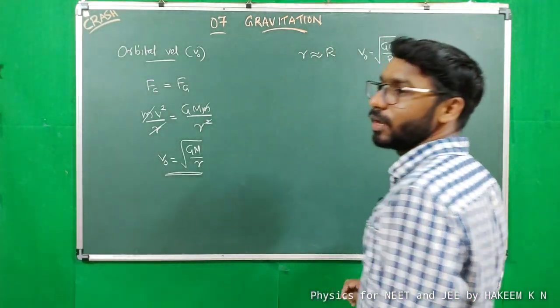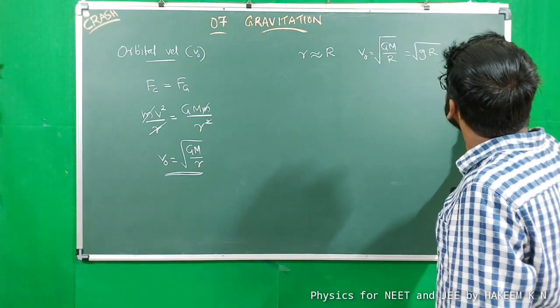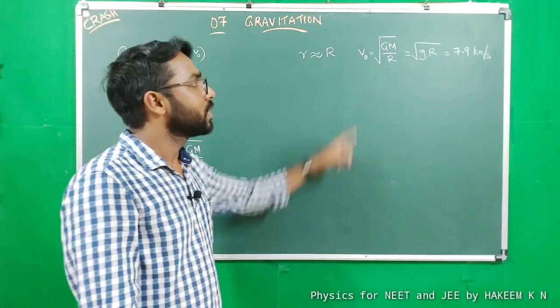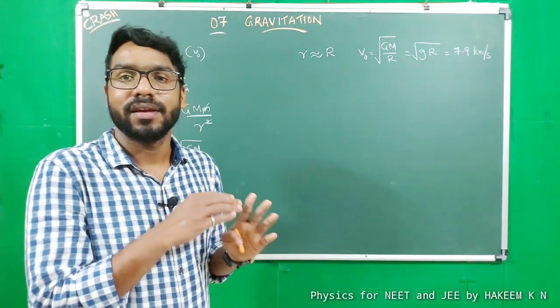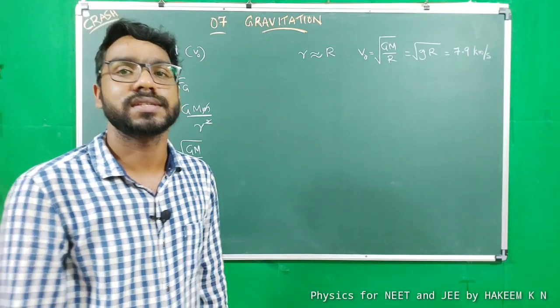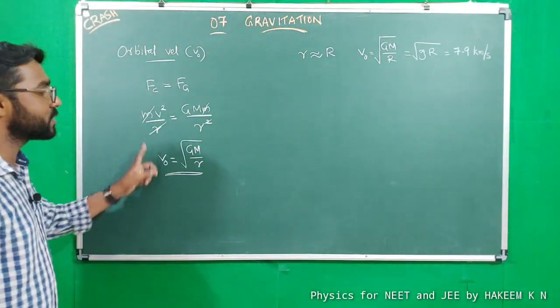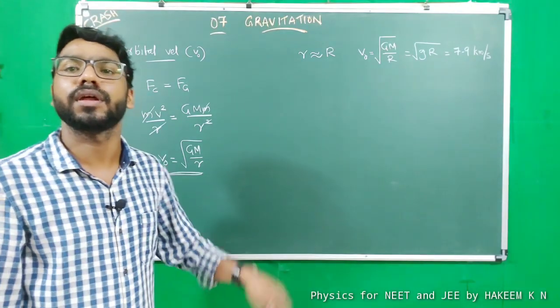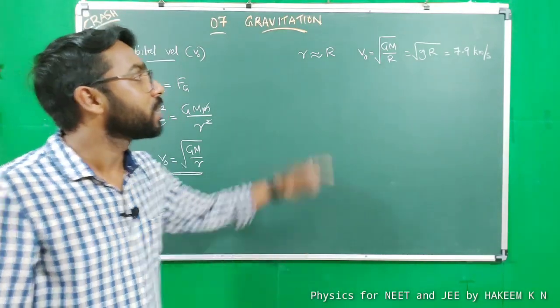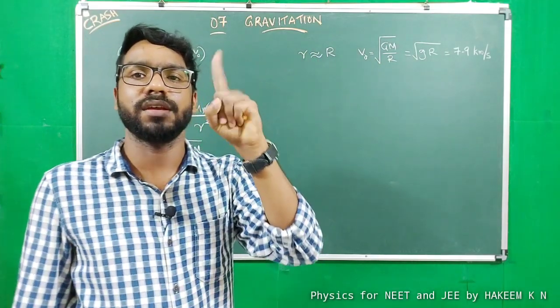Then we get the value 7.9 kilometer per second. This is the velocity of the satellite when it is revolving very close to Earth's surface. Orbital velocity is independent of the mass of the body, and this velocity is also called the first cosmic velocity.